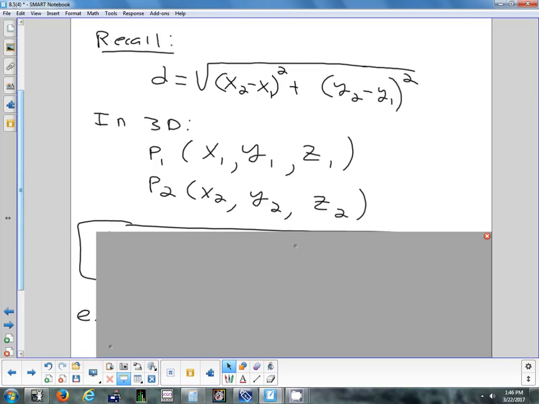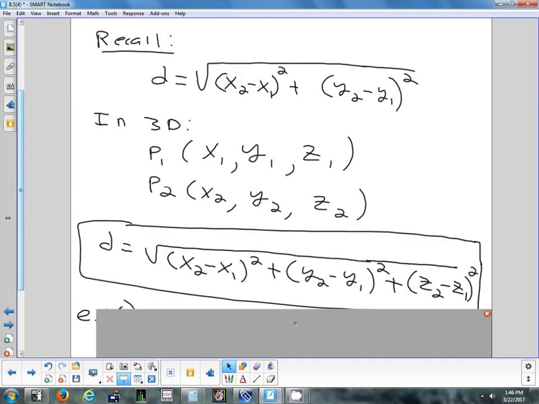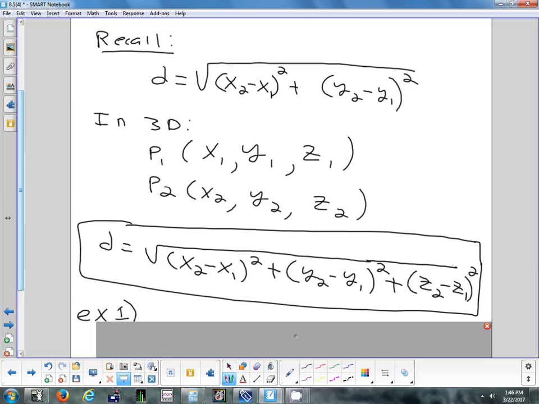So the distance formula in 2D, you do the difference in the x's and square it, plus the difference in the y's and square it. Anybody think we know what we're going to have to add on to that for 3D? The difference in the z squared? Yeah, the difference in the z squared. That's the only thing you have to do, and that's pretty much how every formula works today. You just have to add something on to the end to make it work in 3D.